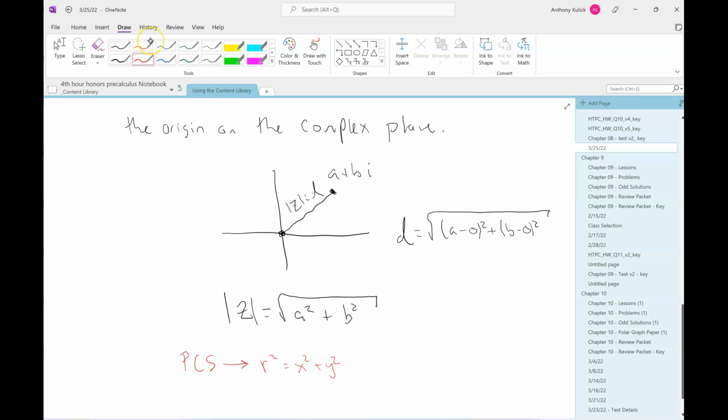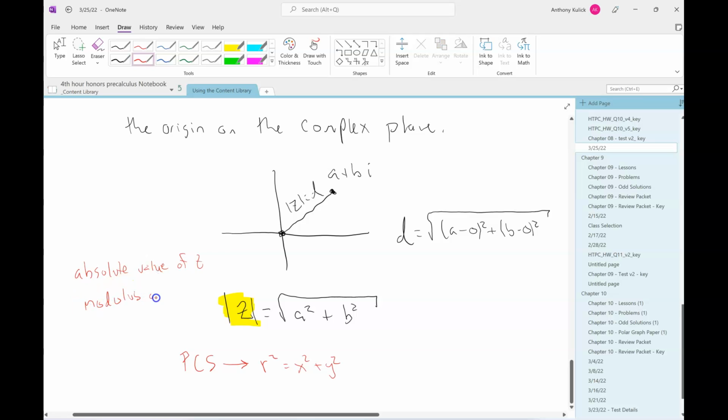So this symbol here, we can call it the absolute value of z. That's fine. Or sometimes we also call it the modulus of z.